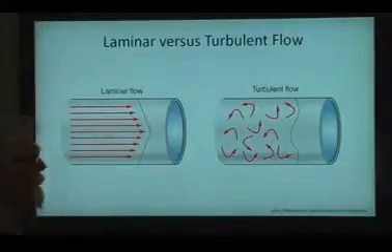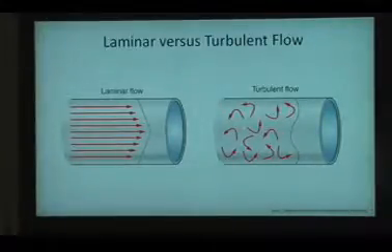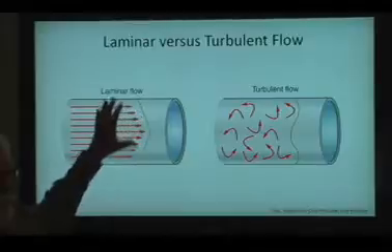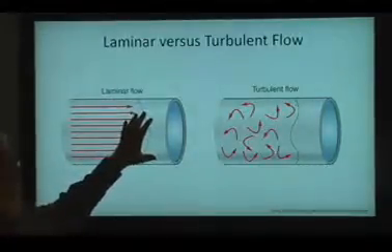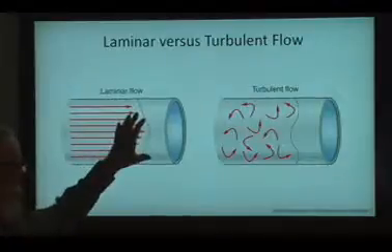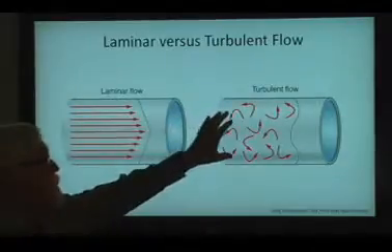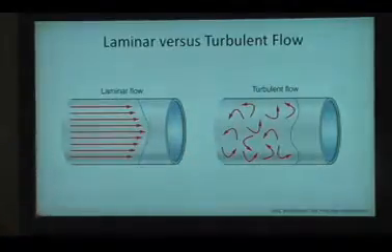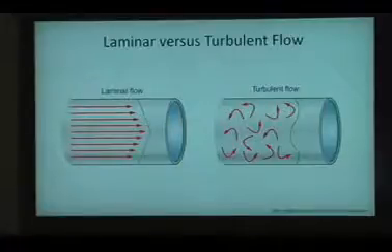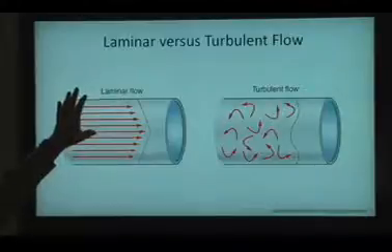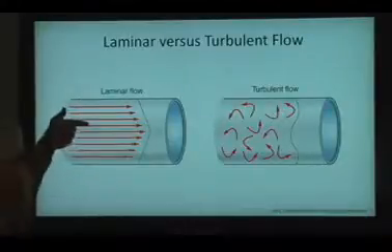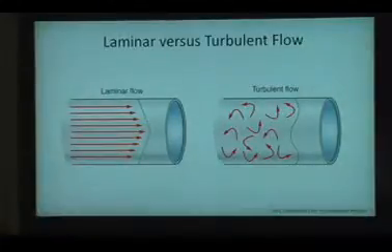And the big difference between laminar and turbulent flow is that laminar flow is much more energy efficient. So it takes more energy, more pressure to provide turbulent flow than it does for laminar flow. So ideally then, we would want flow to be laminar because it requires less energy to provide this flow.